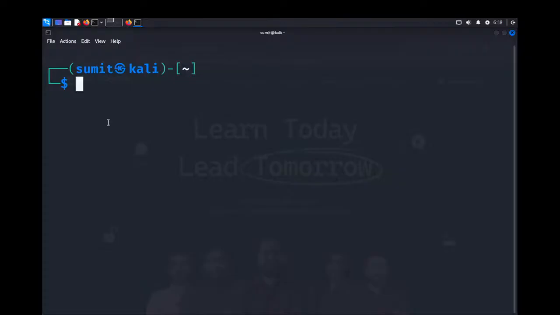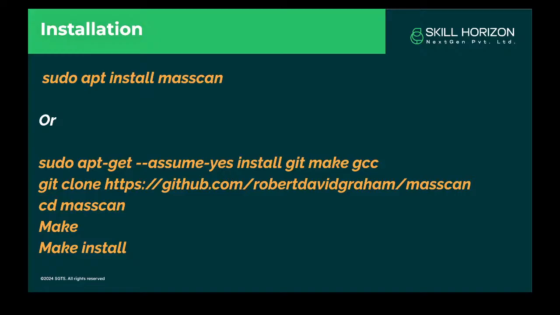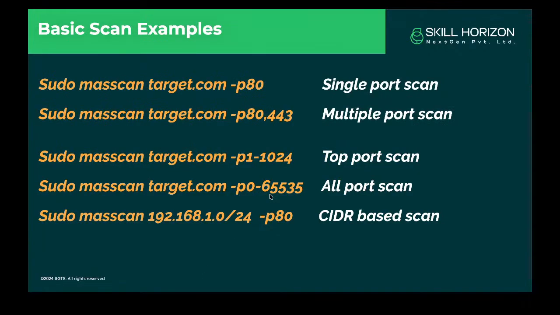Now, if we talk about the very first command of Masscan, what will it be? Let's see a few commands first, and then we will talk about the other commands. For the basic scan example, suppose you have a target and want to scan a single port. You can use sudo masscan, then your target, which can be your IP or the domain name, and with the help of -p, you can define your port number.